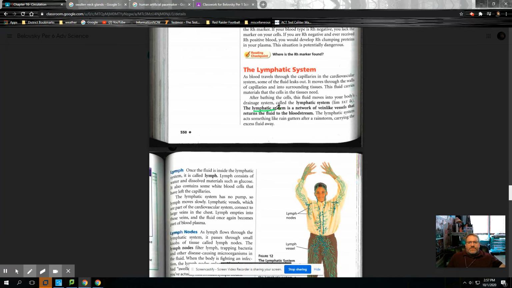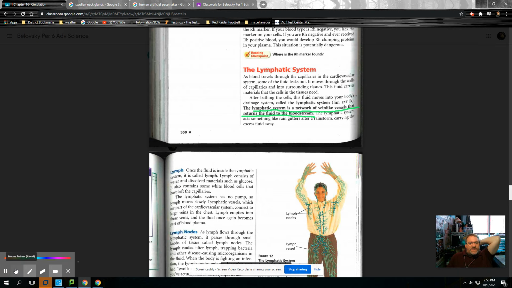The lymphatic system is a network of vein-like vessels that returns fluid to the bloodstream. Hit pause and type that in. All right, so the lymphatic system is a network of vein-like vessels that returns fluid to the bloodstream.